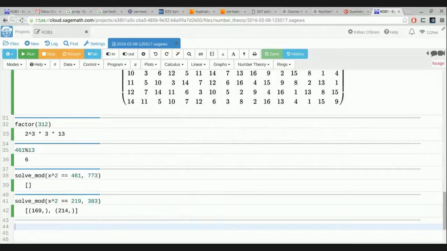Then you have a product of Legendre symbols. If a power crops in somewhere, like 2 cubed as a factor of 312, you take the cube outside using the multiplicative property. Then you've got a bunch of Legendre symbols of a prime modulo another prime.